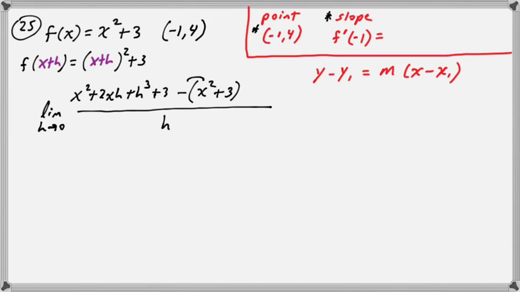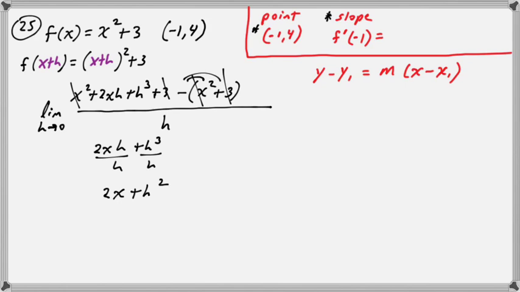Anyway, x squared and a negative x squared add to 0. 3 and a negative 3 add to 0. 2xh plus h cubed, they're both divided by h. You're absolutely right. This should not be h cubed.